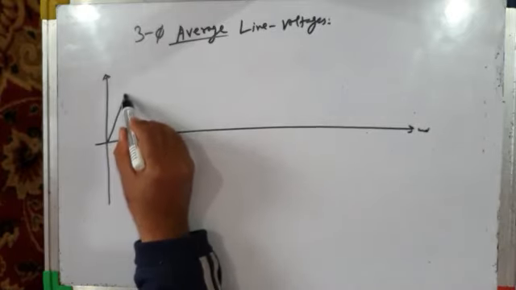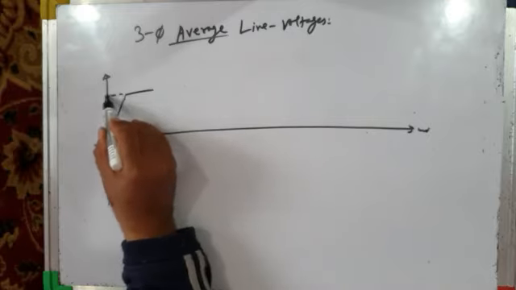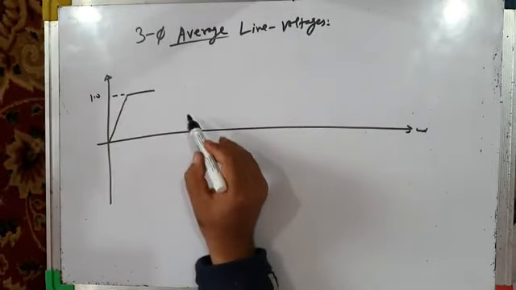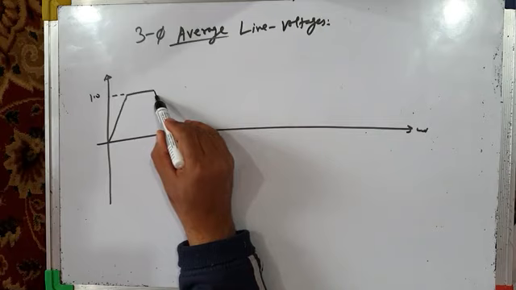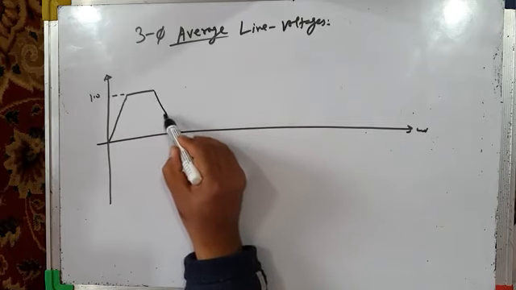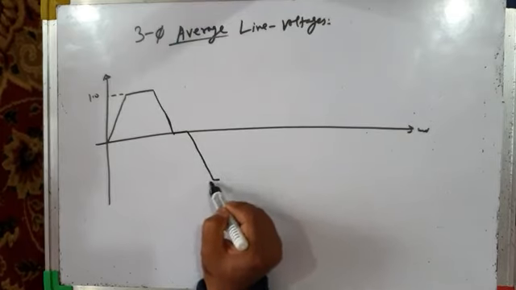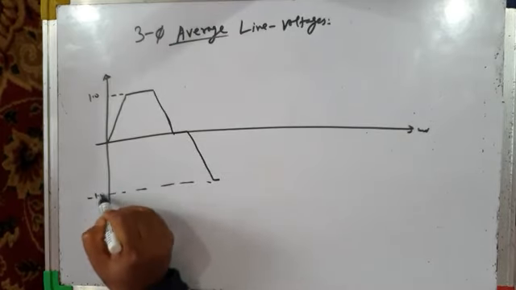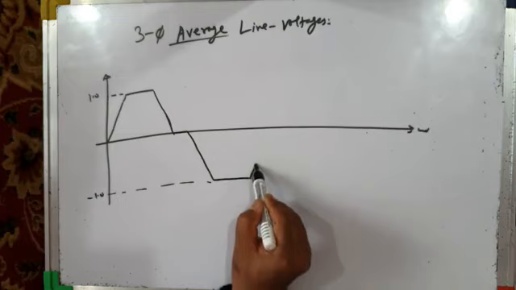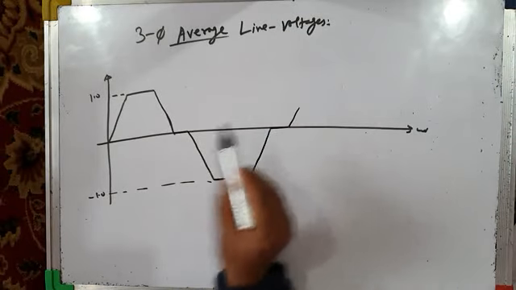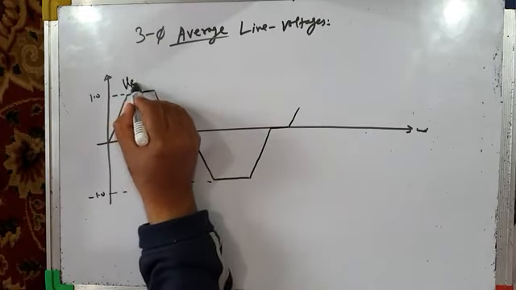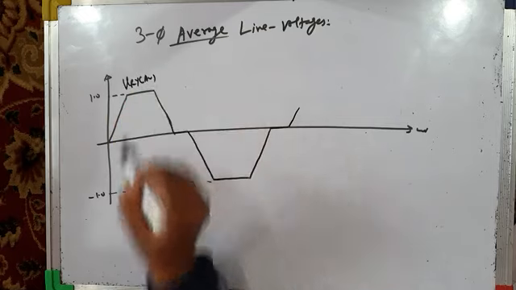So line voltage will be at 1.0 for fairly longer period. And then it will be 0 for some time, and then -1 for fairly longer period. So this is line voltage, average line voltage, VRY average.